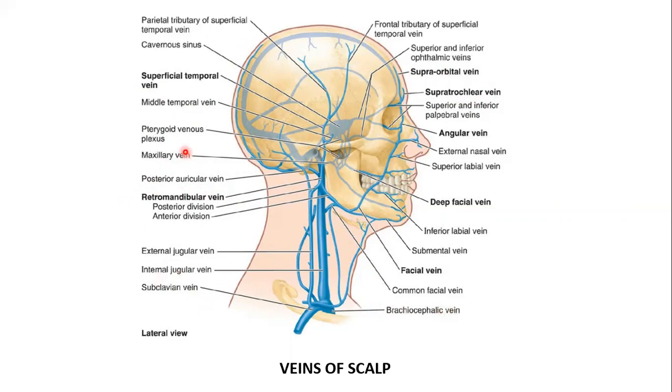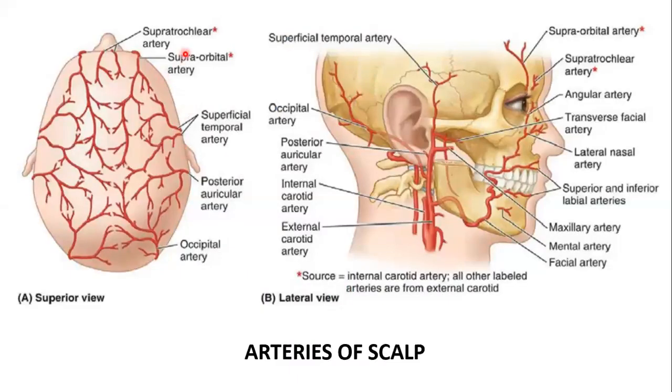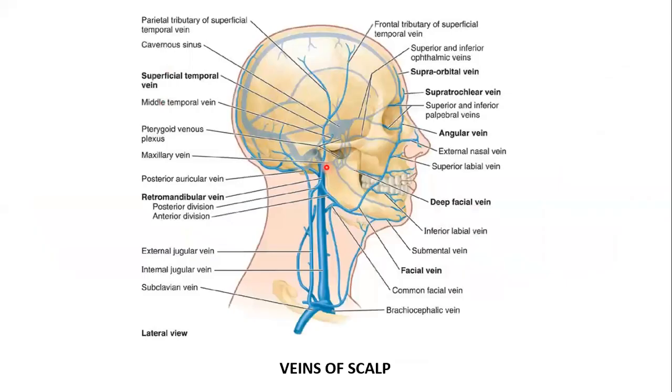The veins have the same names as the arteries: supratrochlear, supraorbital, superficial temporal, posterior auricular, and also the occipital vein. Just remember they drain this area.